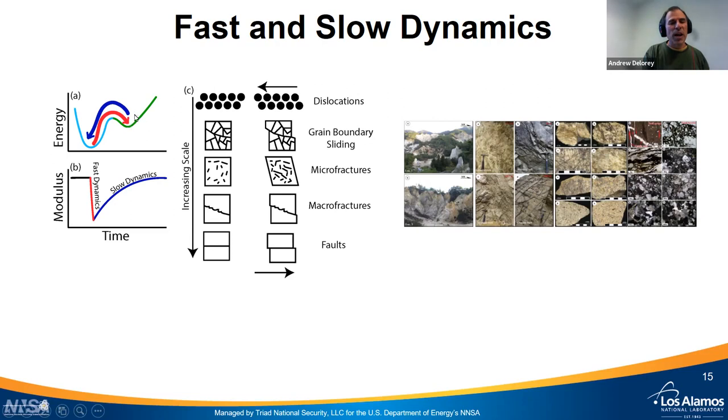Then over time, through some sort of thermodynamic process, it will achieve equilibrium. So you have an instantaneous softening of a material, for example, and then a slow recovery to its original state. That's related to either dislocations or grain boundary sliding, microfractures, macrofractures, faults. It really could happen at any scale, but most likely it's happening at the smaller scales here.